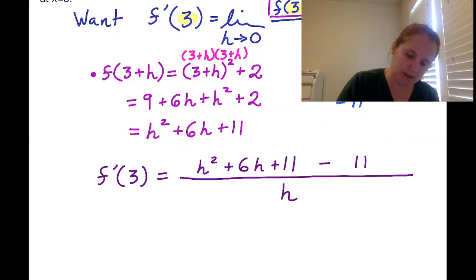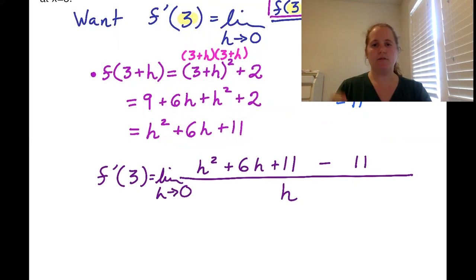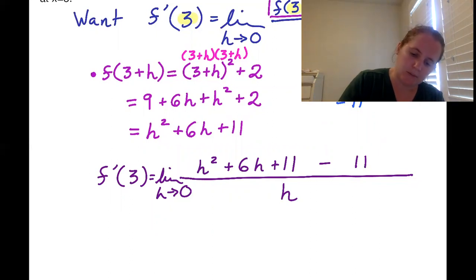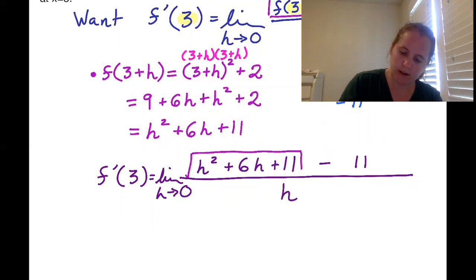Oh, sorry, I forgot my limit. This is equal to the limit as h goes to 0 of h squared plus 6h plus 11 minus 11 all over h. So here was our f of 3 plus h, and here was our f of 3.